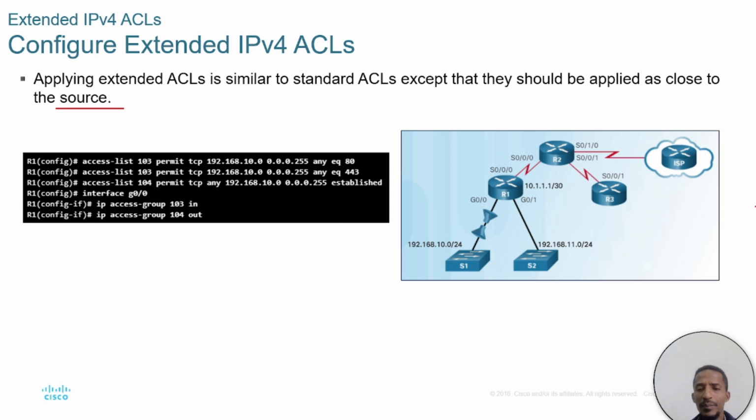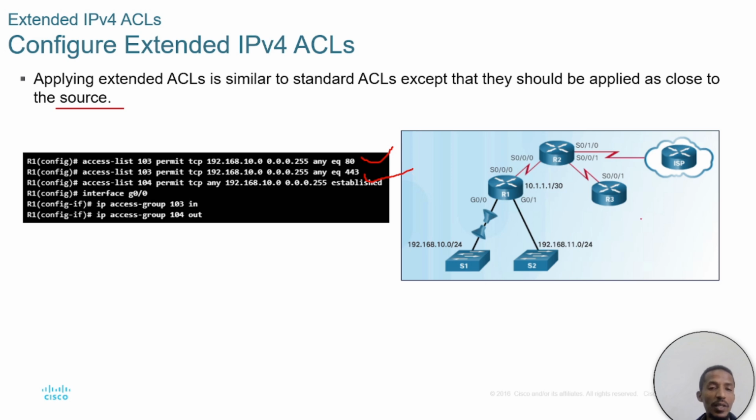For example, here we have the service provider. So what does the first one do? It is doing HTTP, here HTTPS. For whom? Because we are implementing it at the source.